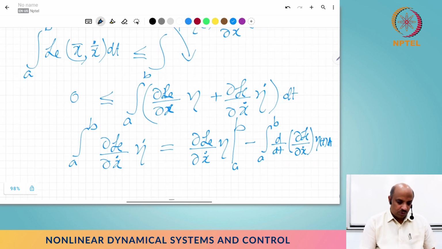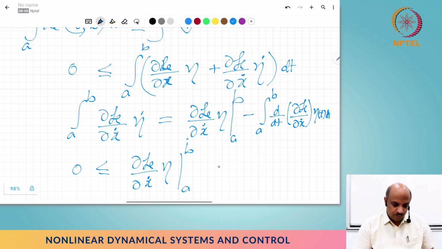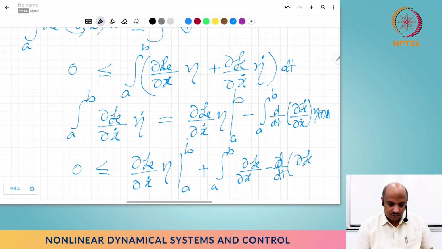Okay, so substituting all that, I'm going to get basically partial of L with respect to x dot times eta evaluated at a to b, plus this complex looking thing, partial of L with respect to x minus d by dt of partial of L with respect to x dot, times eta of t dt.